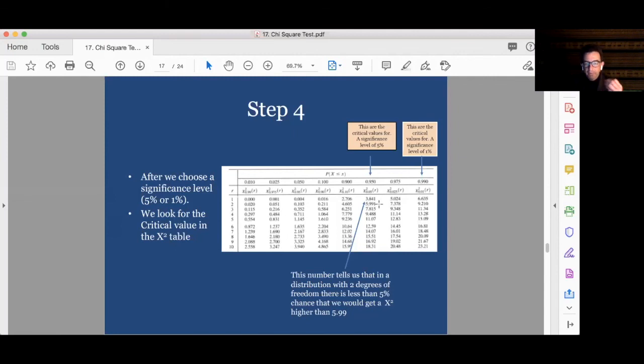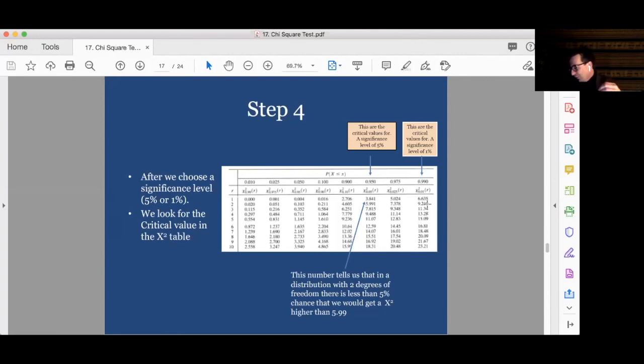Now, our number from our table is 14.68. It's much higher than this. The table ends at 9.2, and it says there is a 1% chance that you will get a number higher than 9.2, 1% chance if the null was true, if this was coming from a population where there's no relationship. In our case, the 14.68 is much higher than that.